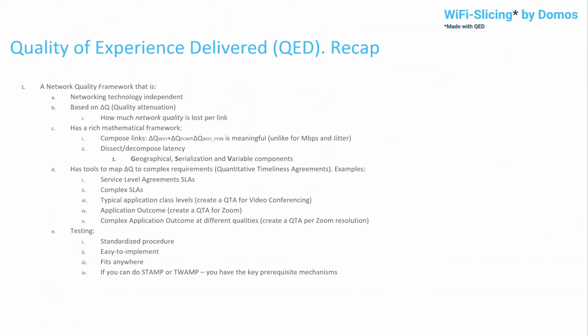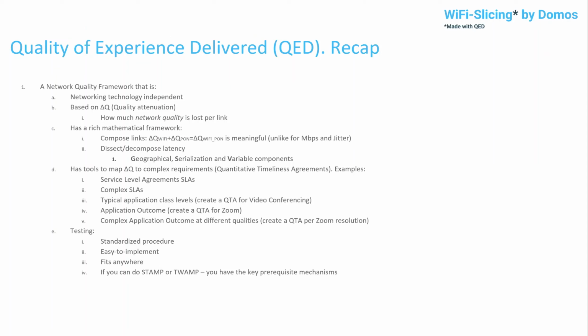So let me do a short recap here. What is QED? Well, QED is a network quality framework that is technology independent, right? Doesn't matter, it can be used for Wi-Fi or for fiber or for cable. It is based on the concept of quality attenuation, or written delta Q, which is turning network quality upside down and looking at how much network quality is being lost per link instead of how much you have.